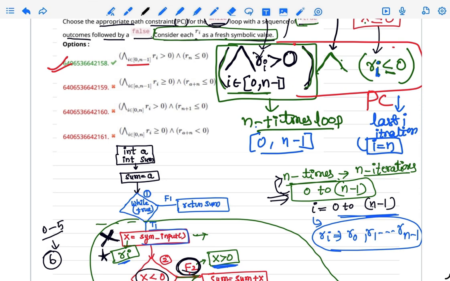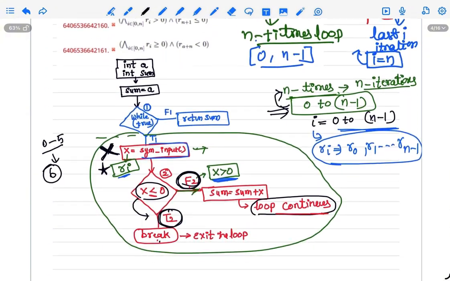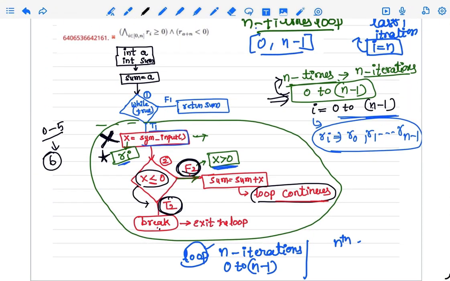The loop false means the loop breaks. So for i equal to n, the last iteration, the loop breaks. At that time i equals n. Here i equals 0 to n minus 1.